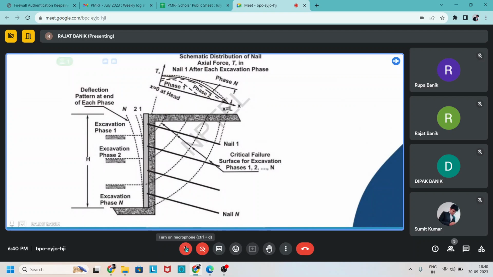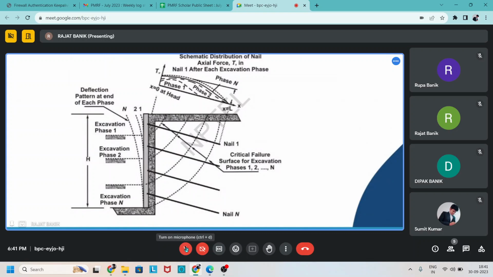So we're discussing the deformation and load transfer mechanism of the soil nail. If you see, step by step the soil nail is inserted into the ground, and there are n number of soil nails. The first soil nail is inserted, and the deformation and failure mode of the soil is given here.